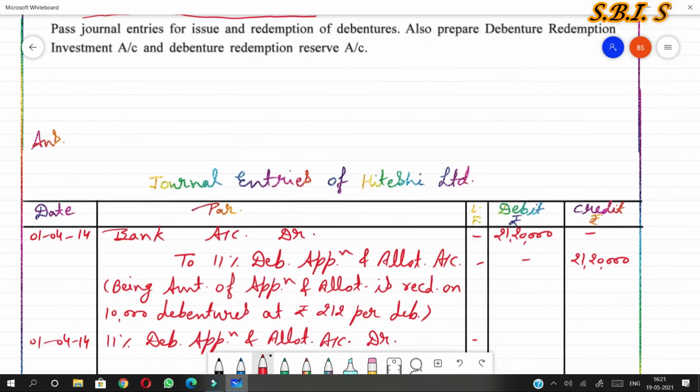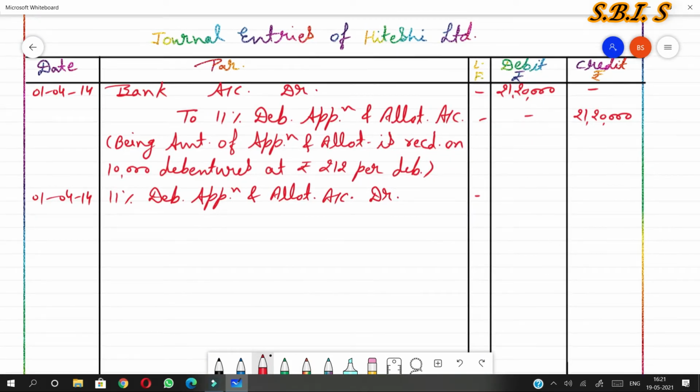So here loss will occur. So we will leave one line in debit side and one line in credit side. Then 11% debentures account, to security premium reserve account.